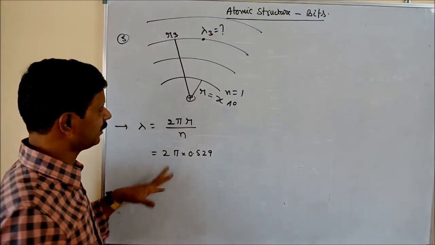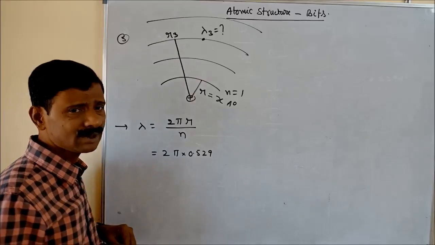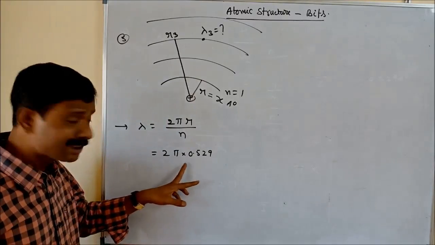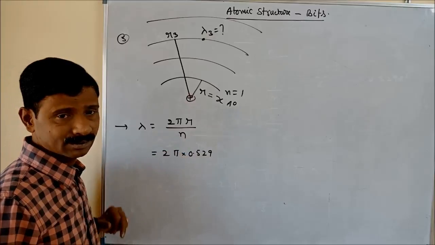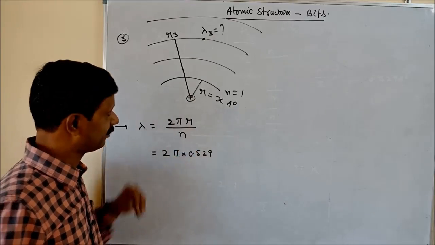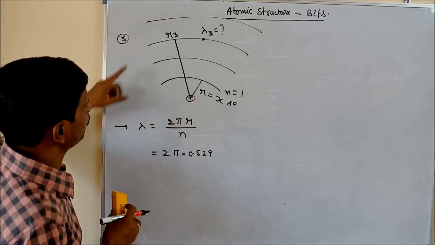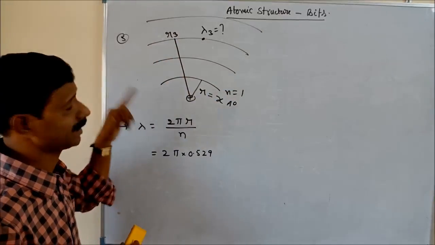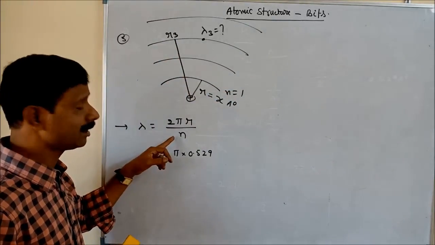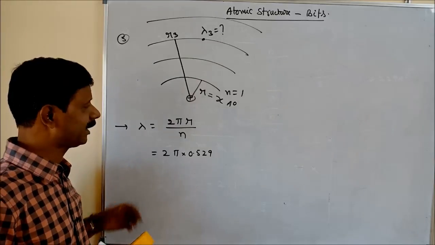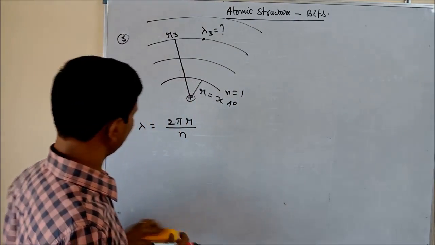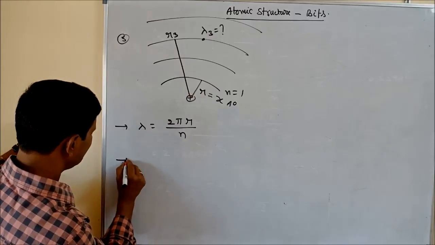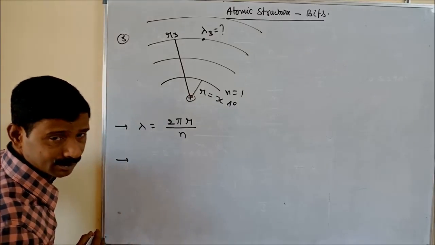Just 2 pi r equals circumference, and lambda equals 2 pi r by n. As per that, if you know the circumference of the circular orbit and its value n, automatically we get a general expression for wavelength. As per this, R3 we have to find out.